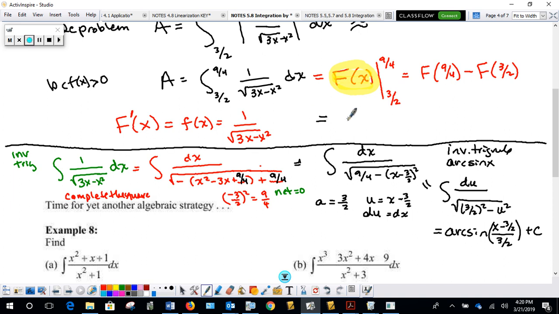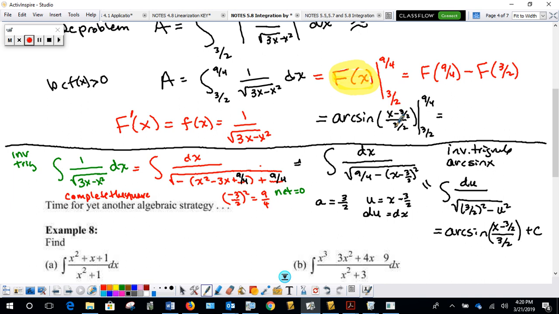So up here, we are going to take our arc sine of (x minus 3/2) over 3/2, and we are now going to evaluate this from 3/2 to 9/4 and calculate our net change.